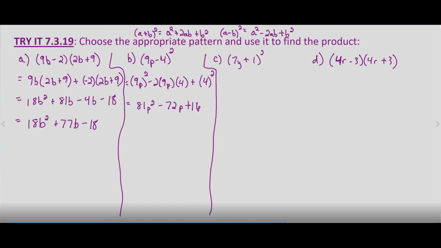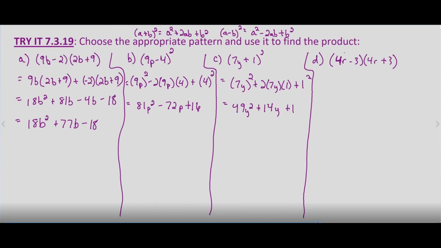And in this case, this first form up here, a plus b squared, so this is going to equal 7y squared plus 2 times 7y times 1 plus 1 squared, which equals 49y squared plus 14y plus 1.